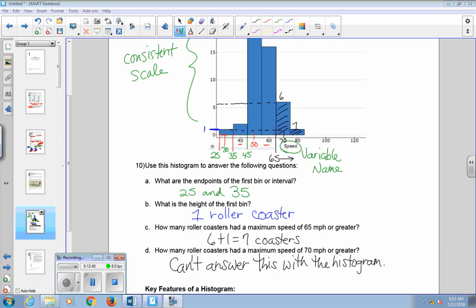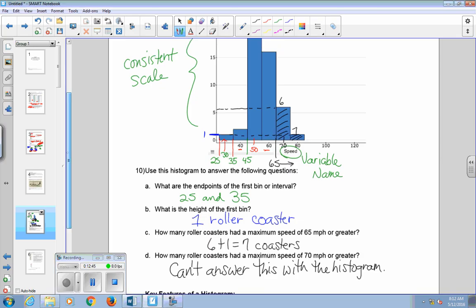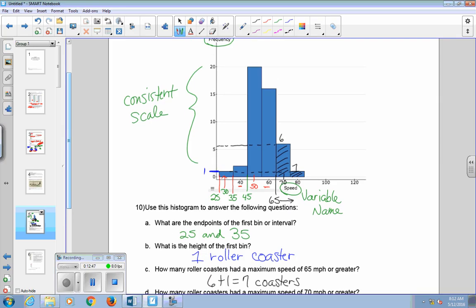Okay, one other note on this before we continue on. Typically, and this is a convention, so typically means it might not always be the case, but typically the left-hand side endpoint, or the left endpoint, is included in a bin.